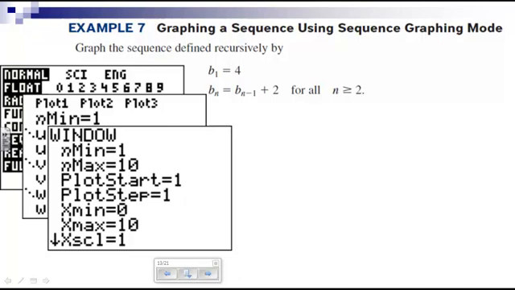Also, when we're graphing, we want to choose the range of x values and range of y values so that the dots can be seen on the screen. For example, this looks to me like it's going to be an arithmetic sequence. It's going to be 4, and then the second position is going to be 4 plus 2.